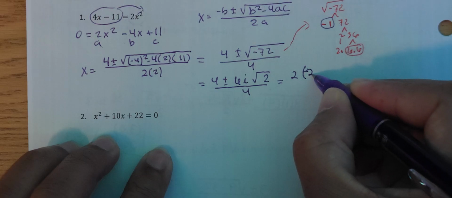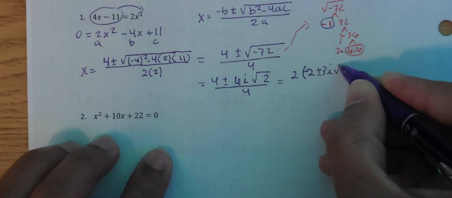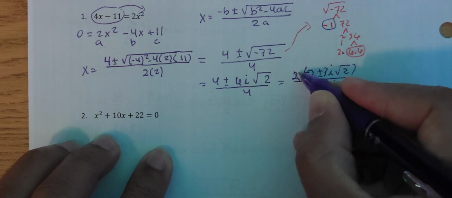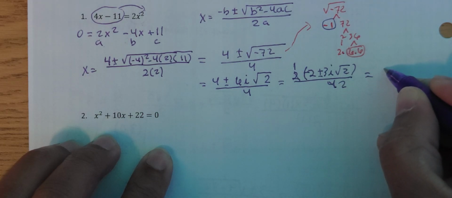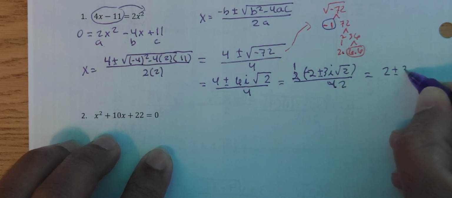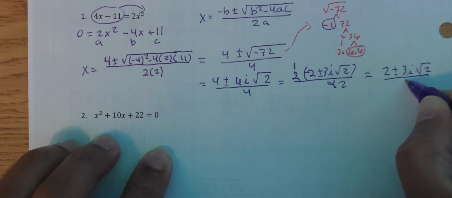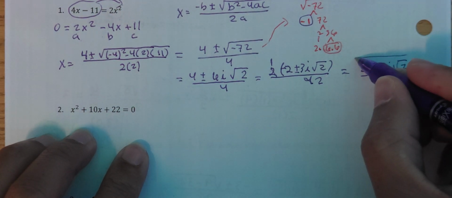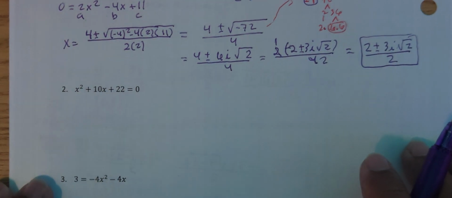Then this becomes 2 plus or minus 3i square root of 2 over 4. But then this becomes a 1 and this becomes a 2. So then we have 2 plus or minus 3i square root of 2, over 2. This is as far as we can go when it comes to reducing. Okay, that's the simplest form for the solution of this quadratic equation.